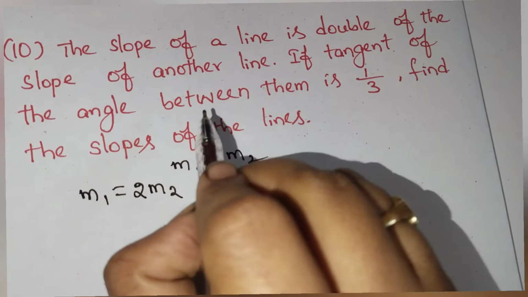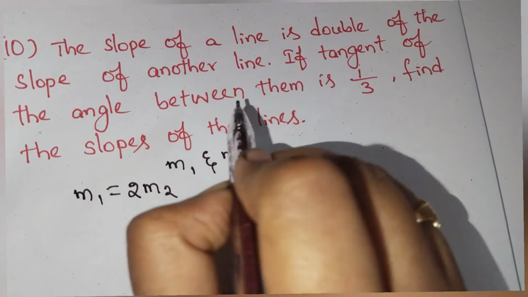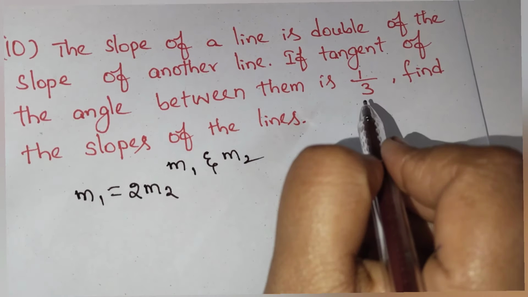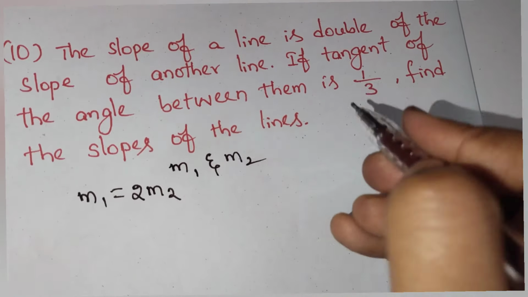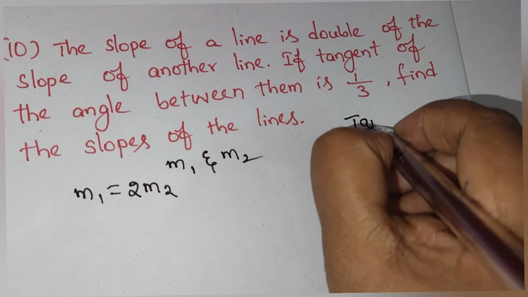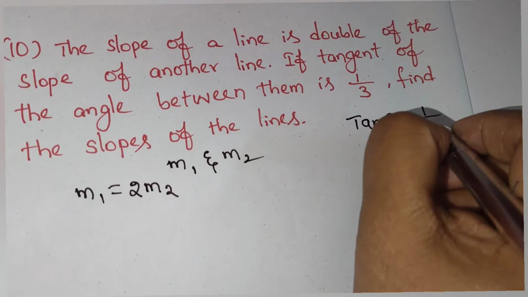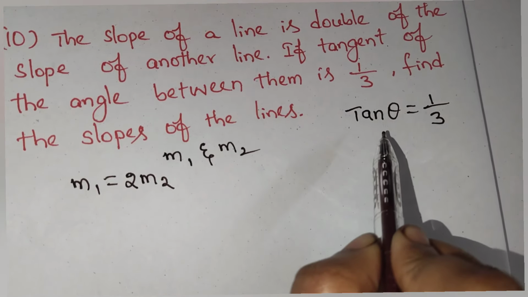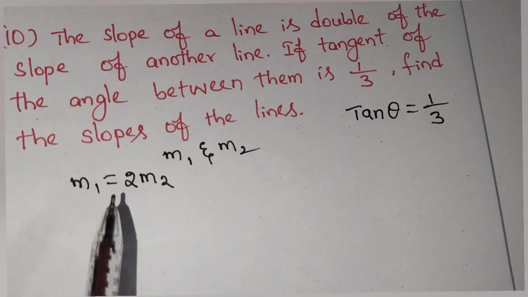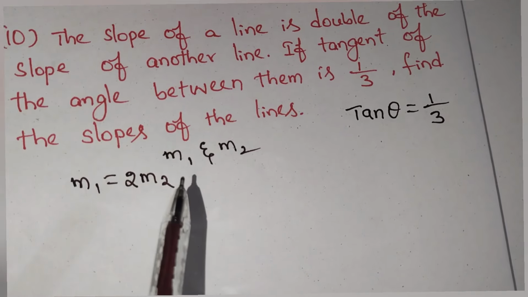And next, the angle between them is 1 by 3. So this is the tangent of the angle: tan theta is equal to 1 by 3. So the information is the tan theta value, and we know m1, m2 are present.